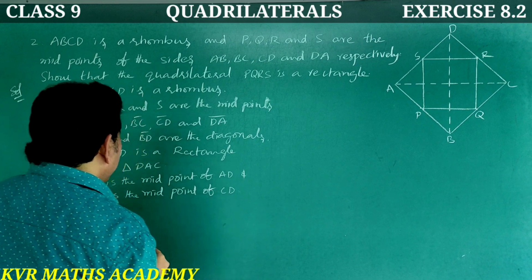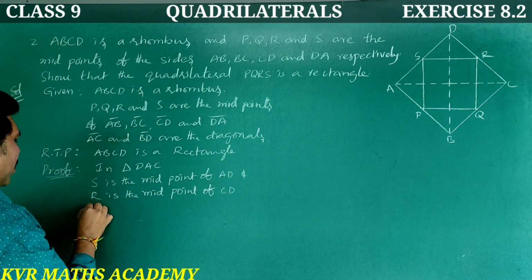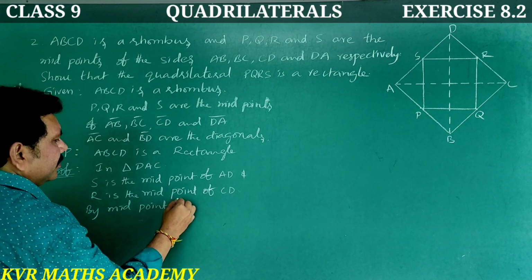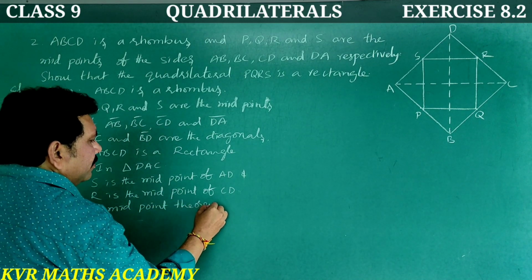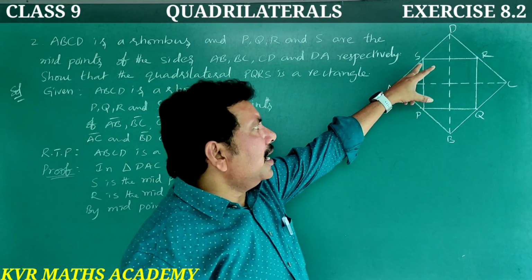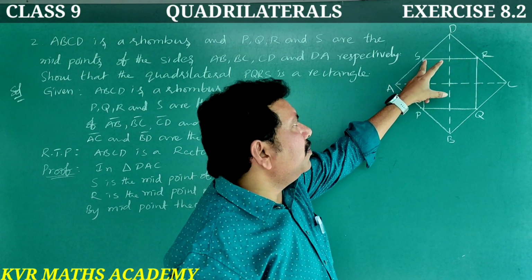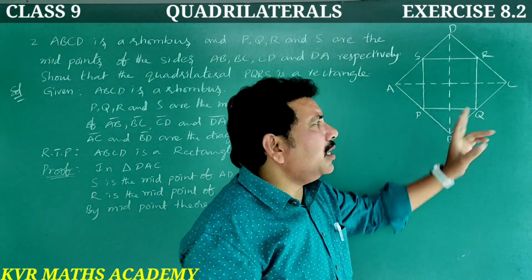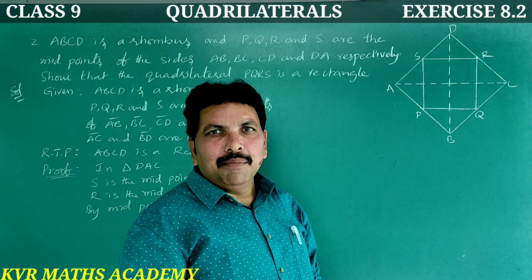By the midpoint theorem, the line segment joining the midpoints of two sides of a triangle is parallel to the third side. That is the midpoint theorem.